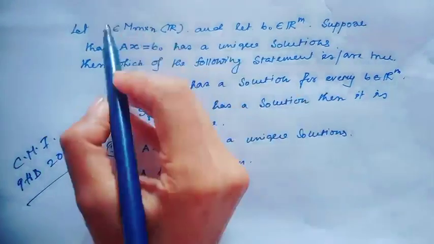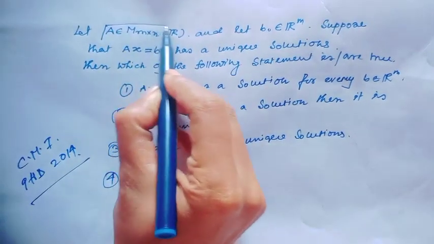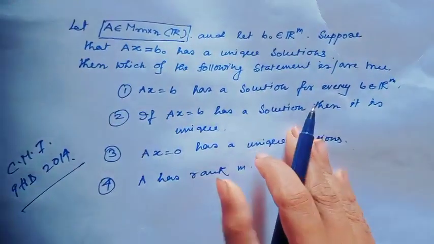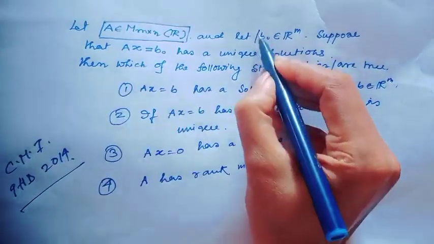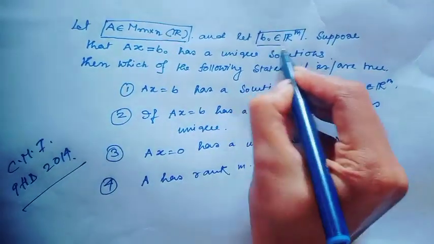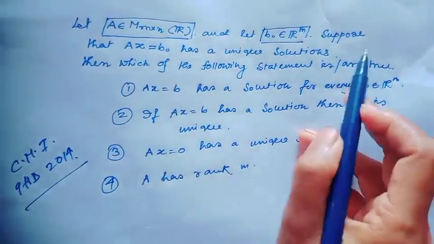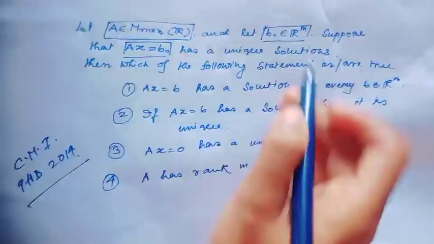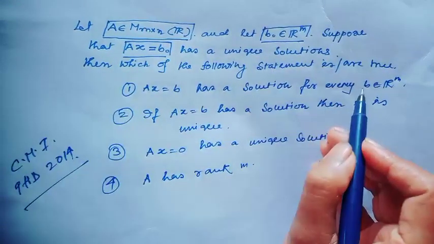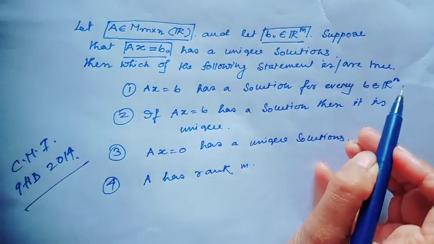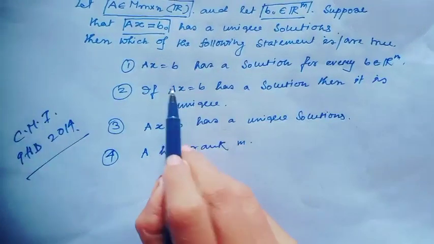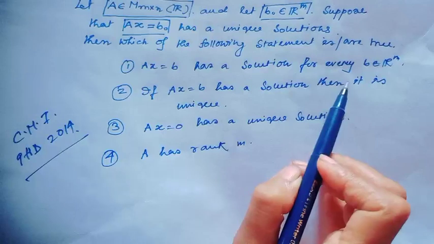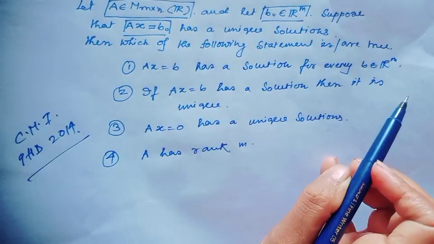The question is: consider A, an m cross n matrix over the real field, and consider one particular b naught belonging to Rm. Suppose that Ax equal to b naught has a unique solution. Then which of the following statements is or are true? Option 1. Ax equal to b has a solution for every b belonging to Rm.